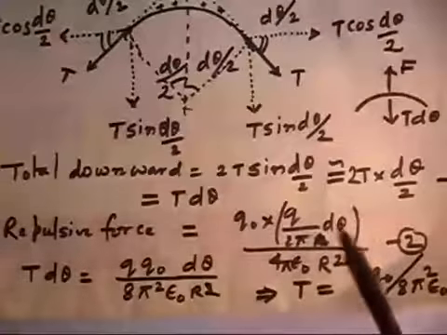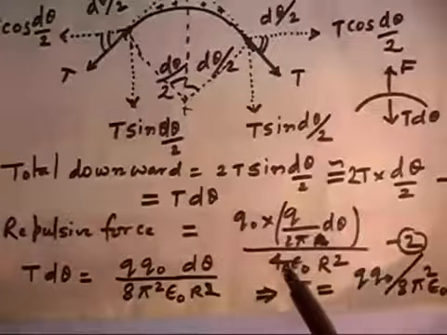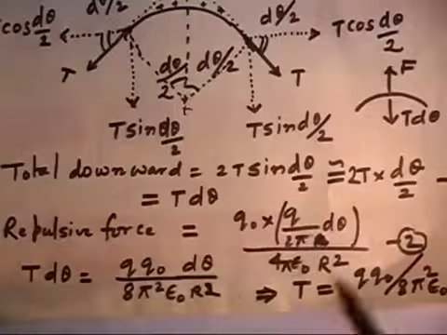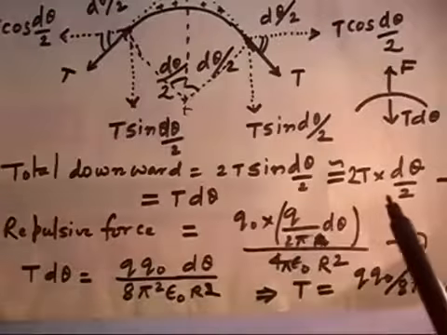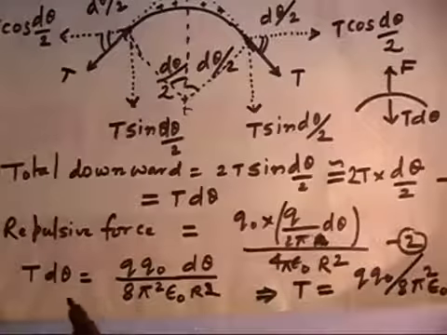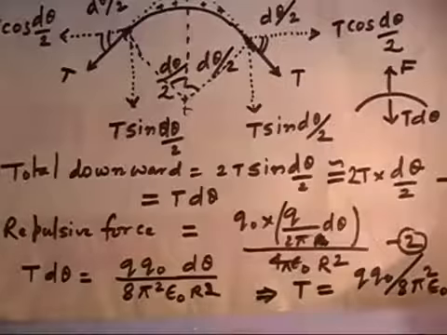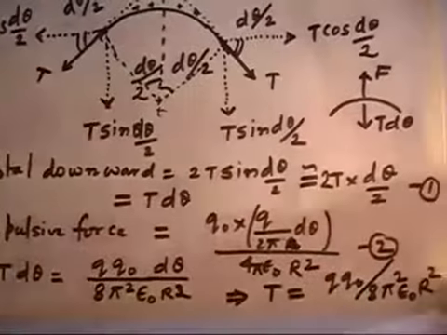So q1 q2 by 4 pi epsilon r square has to be equal to T d theta. If I place it here, T d theta is equal to this force. If you solve for T, you will get this answer.